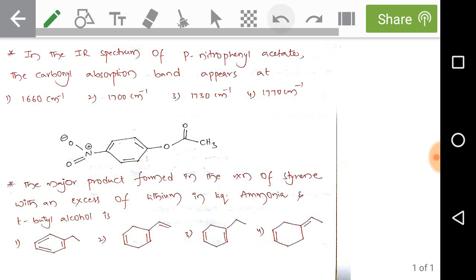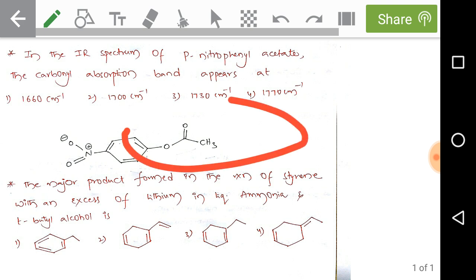Okay, just remember that whenever the carbonyl carbon has more electron density, then it has less stretching frequency from its normal stretching frequency. At the same time, whenever the carbonyl carbon has less electron density around it, then it gives a higher stretching frequency than its normal carbonyl stretching frequency. Okay, remember this important point.